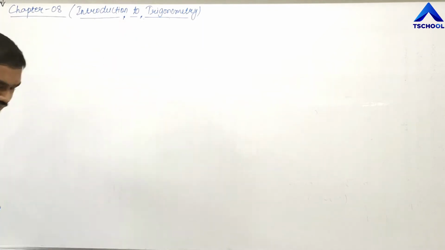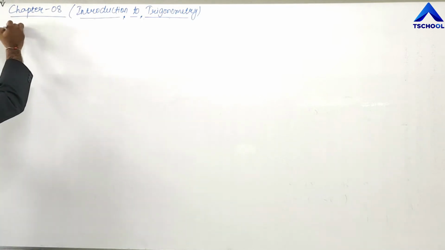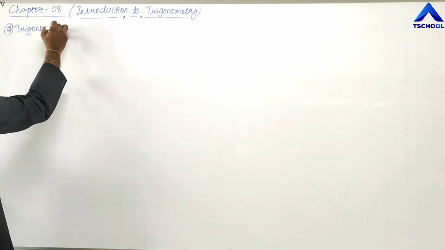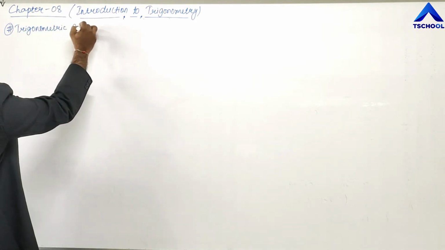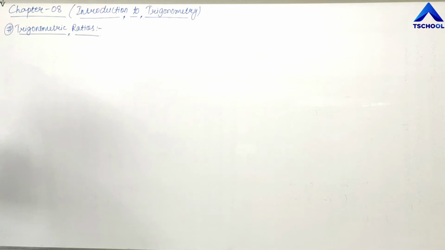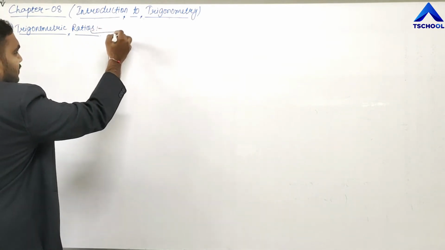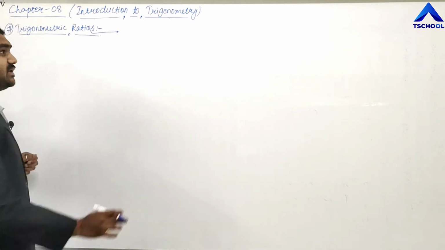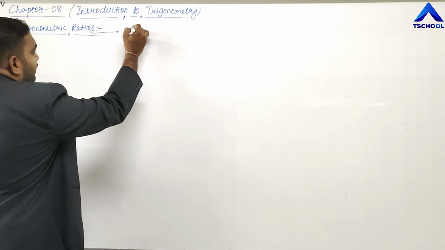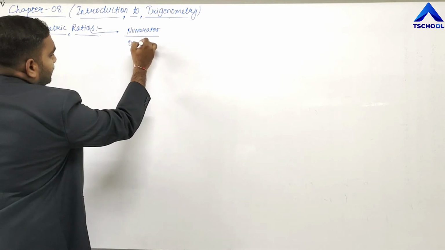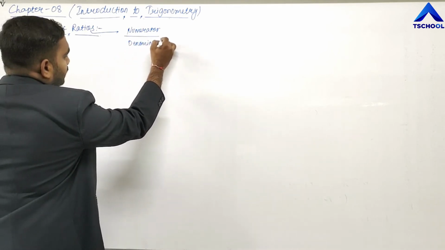So friends, you know what ratios are, right? We already know what ratios are. Trigonometric ratios. What does ratio mean? Ratio basically means there is a numerator and a denominator, right?